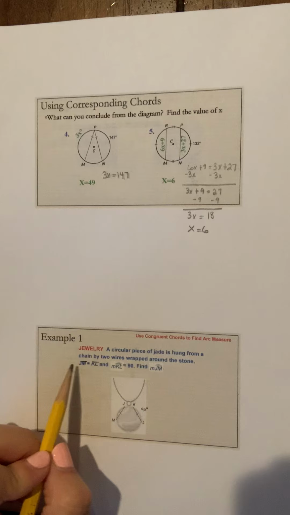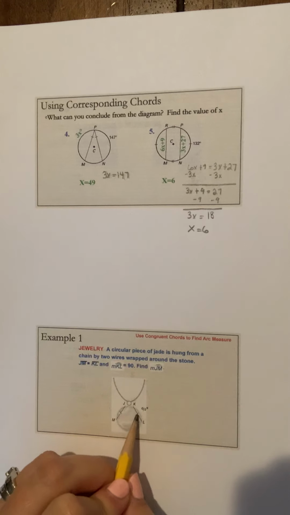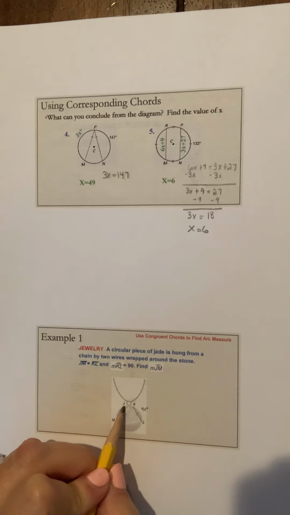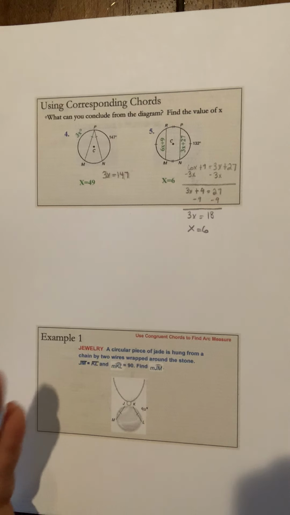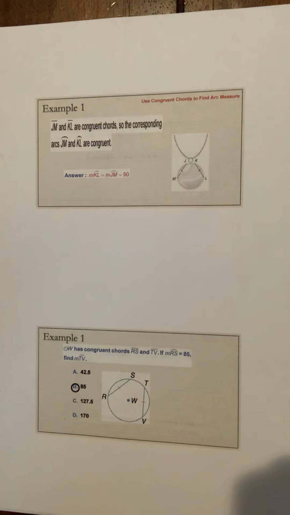So you need to pay attention to those symbols, okay? So, I mean, we should know this by now. If these two chords are congruent, then their corresponding arcs are. So if KL is 90, arc JM is also 90 degrees. The end, okay?